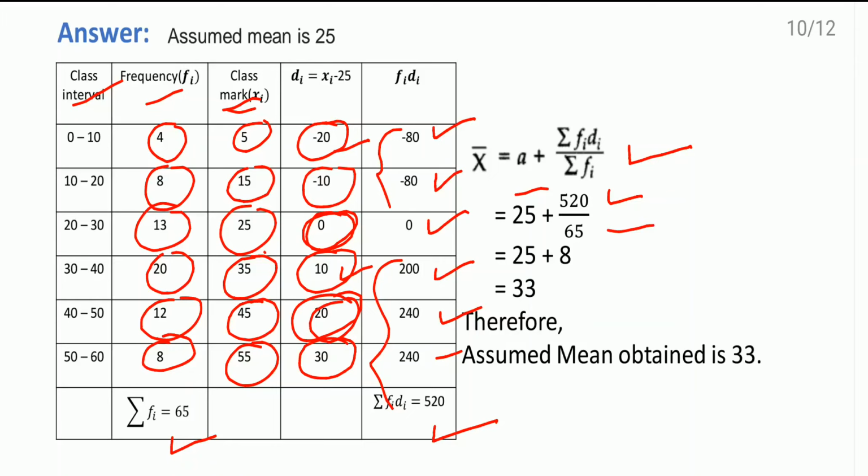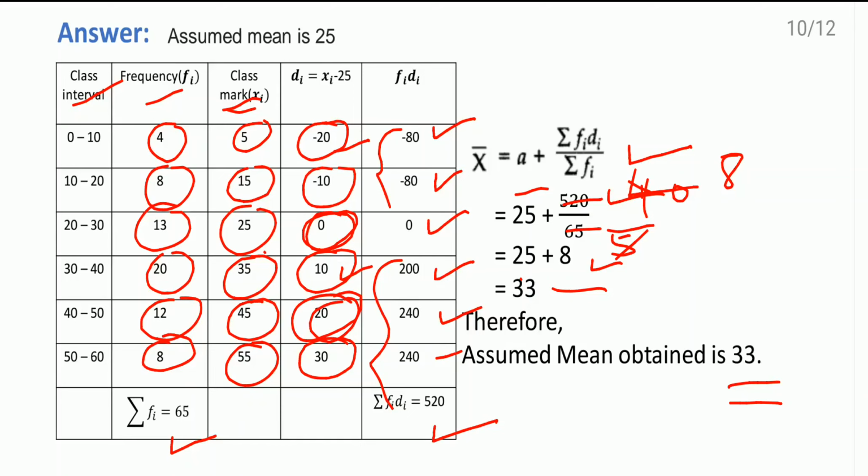See, 13 5s are 65, and here 13 4s are 52. And this 0 is there. Then 5 1s are 5 and 5 8s are 40. So 25 plus 8, we get 33. Therefore, the assumed mean obtained is 33. Correct? The mean will be the same.